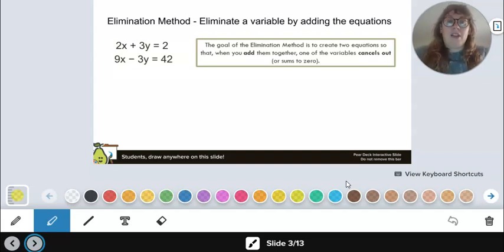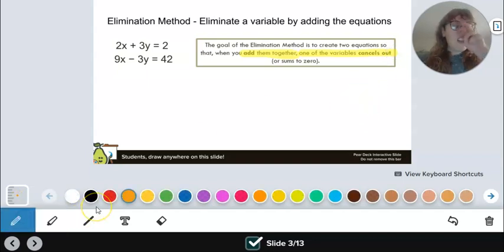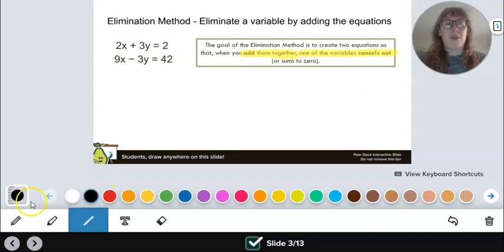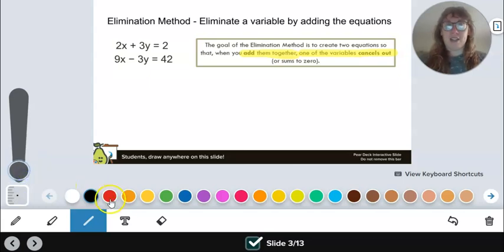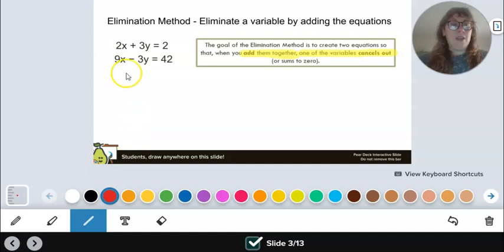The elimination method eliminates a variable by adding the equations. So we're going to first practice with some that are all ready to be added together and cancel out, and we'll look at more advanced ones a little bit later.